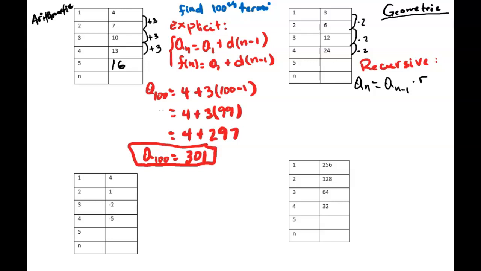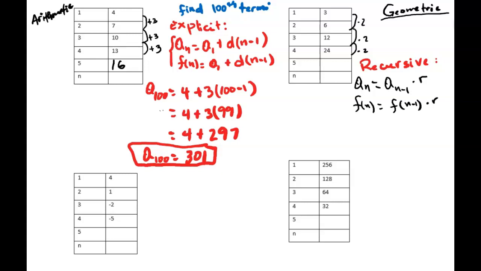The 2 is your common ratio because you multiply by 2 each term to get the next term. In function notation, we can say f of n equals f of n minus 1 times r. So that's the function notation.